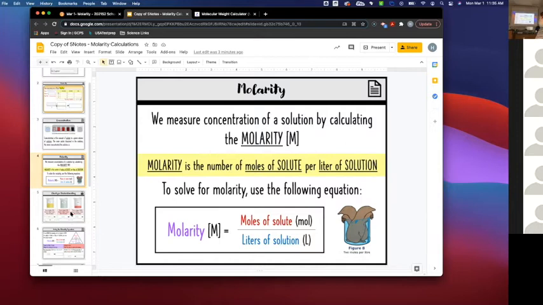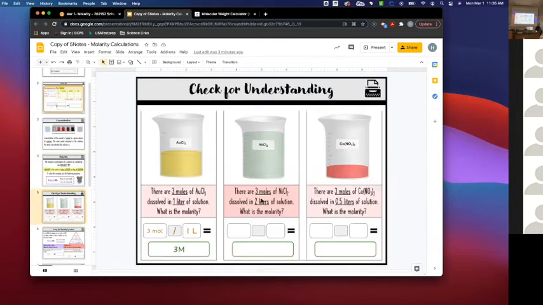On the second problem on slide number 5, it says there are 3 moles of NiCl2 dissolved in 2 liters of solution. What is the molarity? So here's what we're going to do. It's moles per liter, so moles divided by liters. All you have to do for this one is fill it in. What goes in the first box, if it's moles per liter? Yeah, 3 moles, right? And you can type moles if you want. 3 moles.